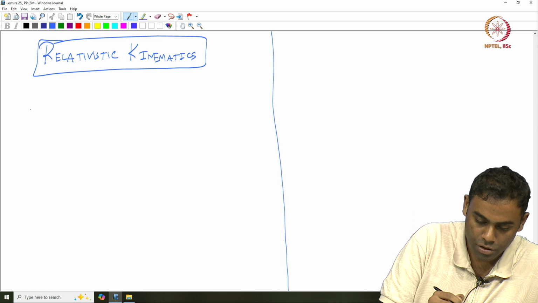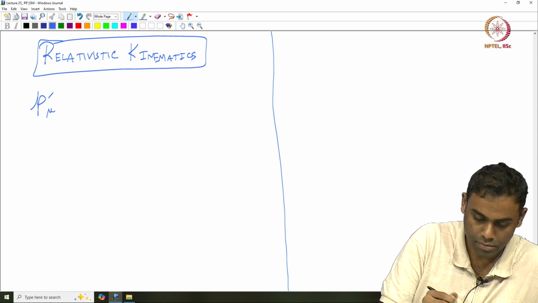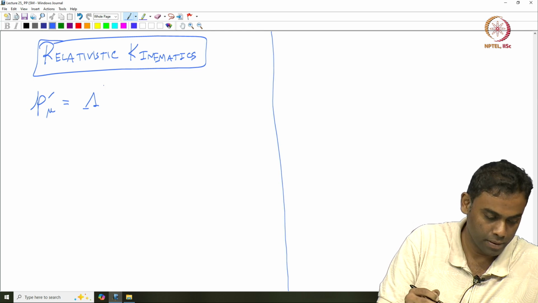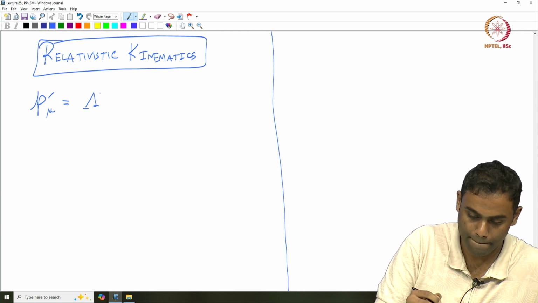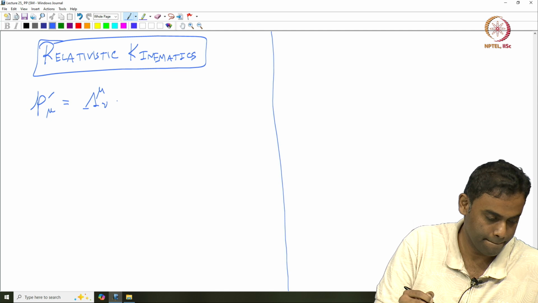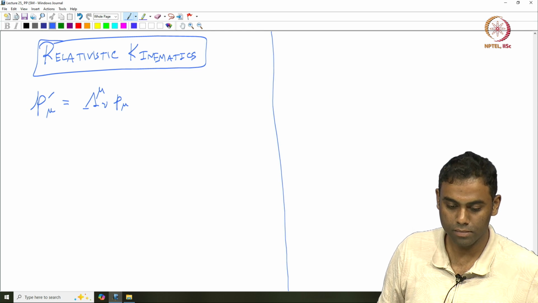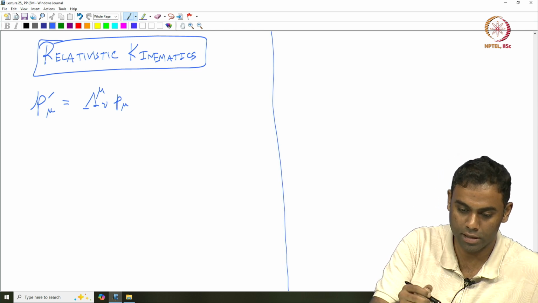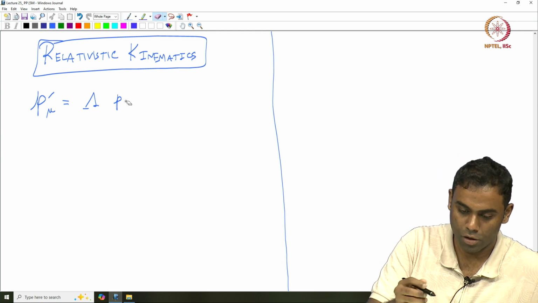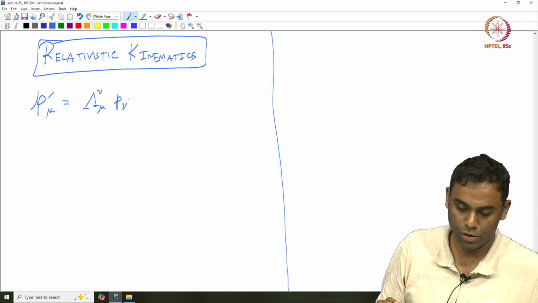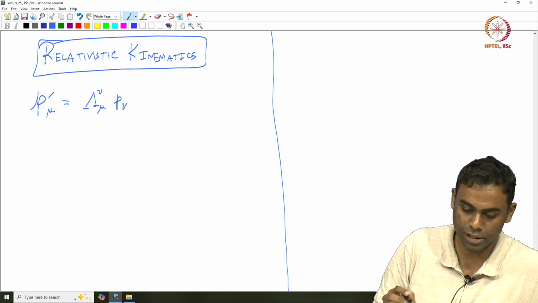So, the beginning of all this is a transformation. What is this transformation? I probably switched the indices. This is the Lorentz transformation, correct? So, if we take boosts in the x direction, how does it look?